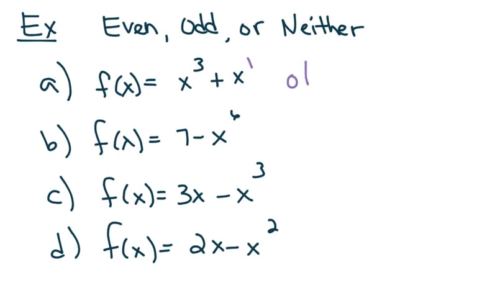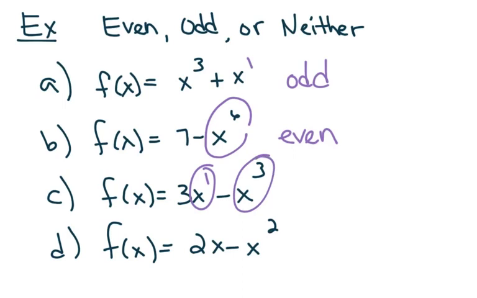When that happens, it's going to be an odd function. In B, I want you to notice 7 minus x to the 6th. The only term with an x is this one, and its power is even. It's an even function. In C, f of x equals 3x minus x cubed. Both x's have odd powers, so it's odd.